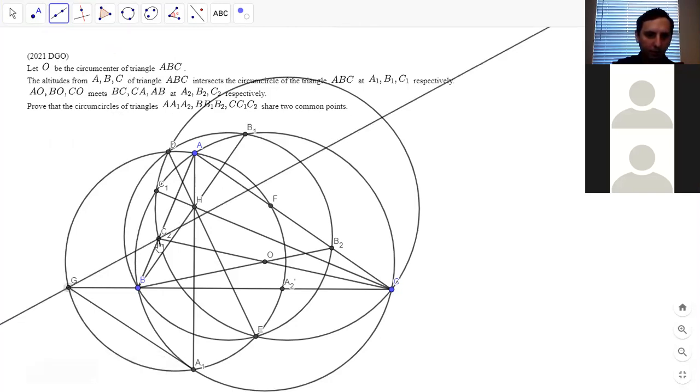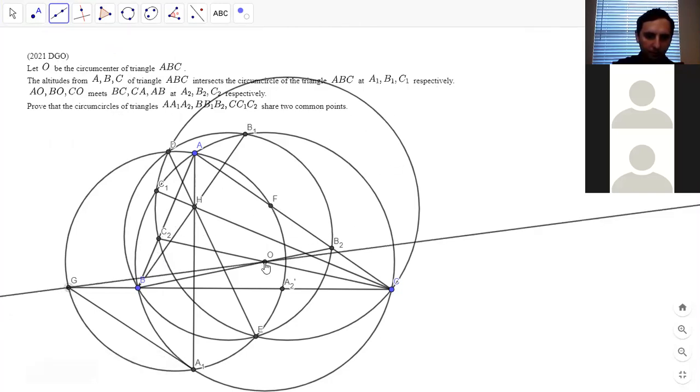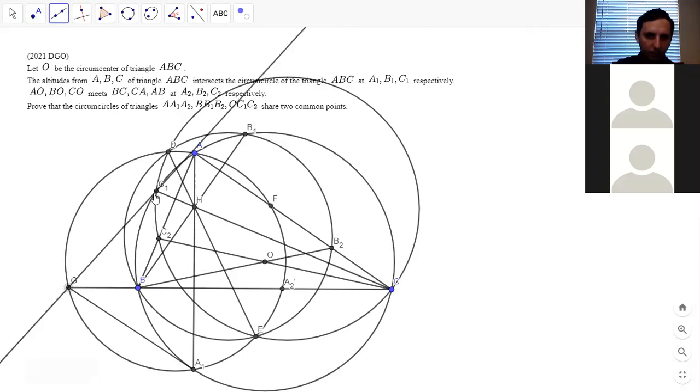Let's see. B1. I wonder if, well, so GA1 is equal to GH.